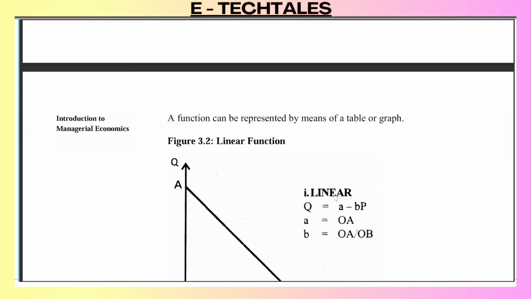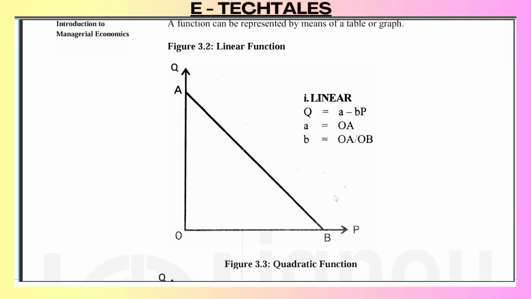So here there is a linear function representation: q is equal to a minus bp. Here a and b are the constants, right? And q and p are the variables. Why is there a minus in between?